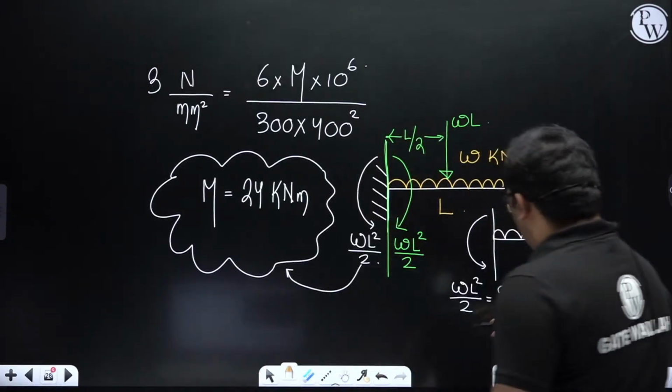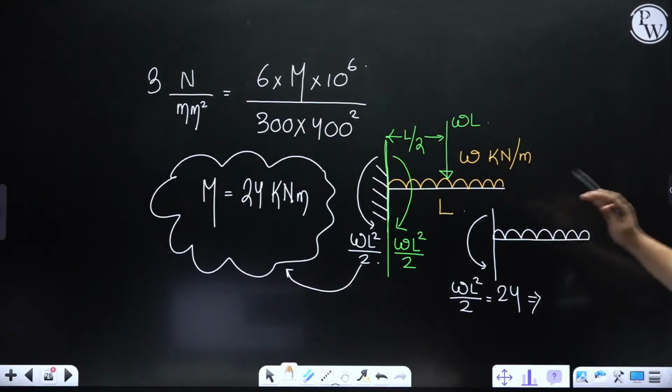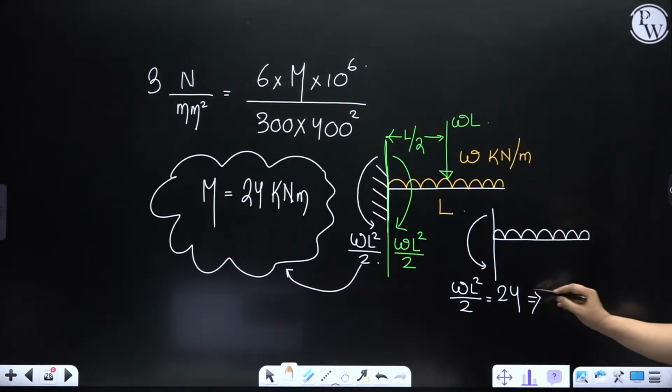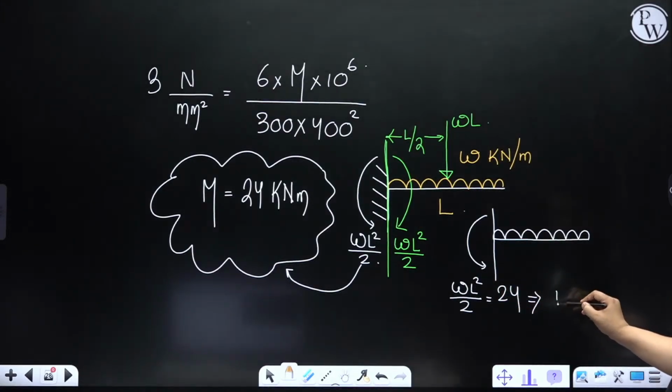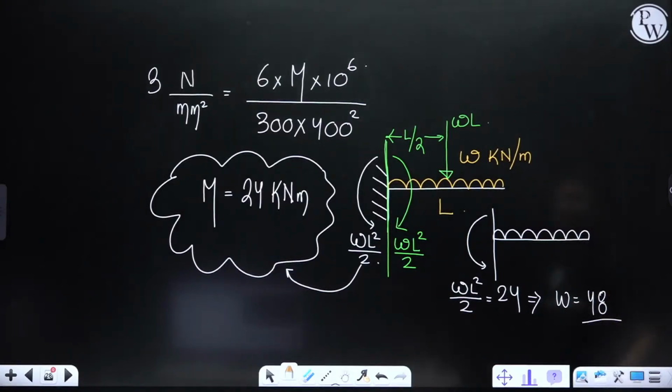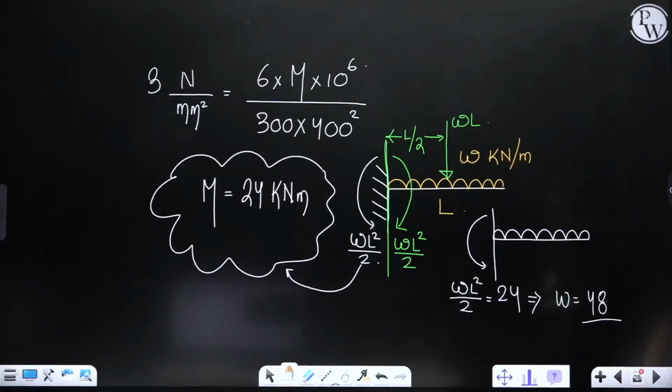From here, W I can take in kilonewton per meter, since we have kilonewton meter. So W is equal to 24 into 2, that is 48, divided by L square. The span is given as 4 meter, so L square is 16. I'm getting 3 kilonewton per meter.